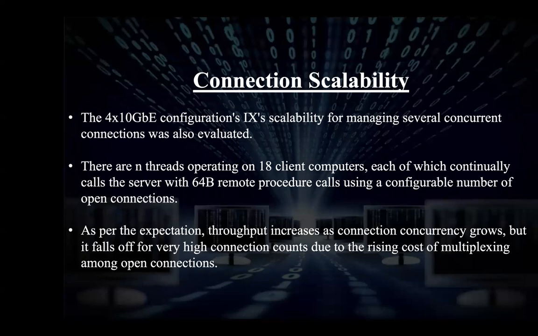There are n threads operating on 18 client computers, each of which continually calls the server with 64 byte remote procedure calls using a configurable number of open connections. As per the expectations, throughput increases as connection concurrency grows, but it falls off for very high connection counts due to the rising cost of multiplexing among open connections.